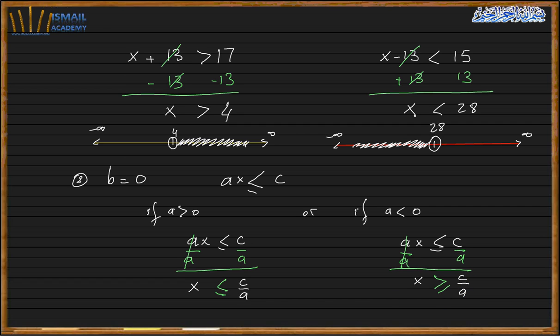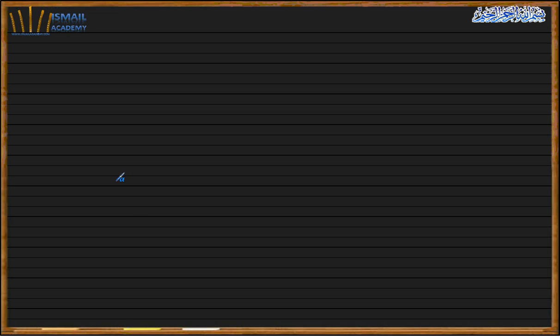So let me give you an example here. For example, if I have 3x is greater than 24, or I have x over 9 is less than 4.